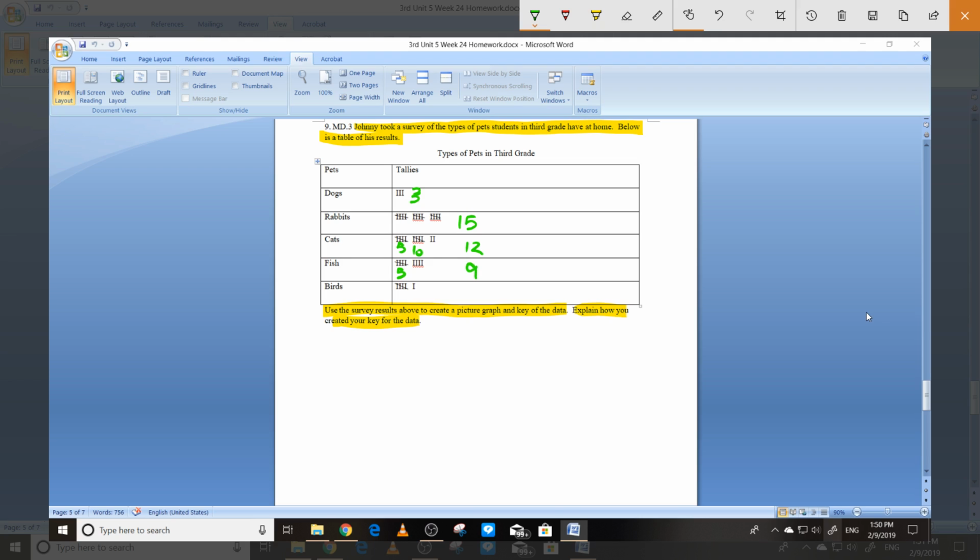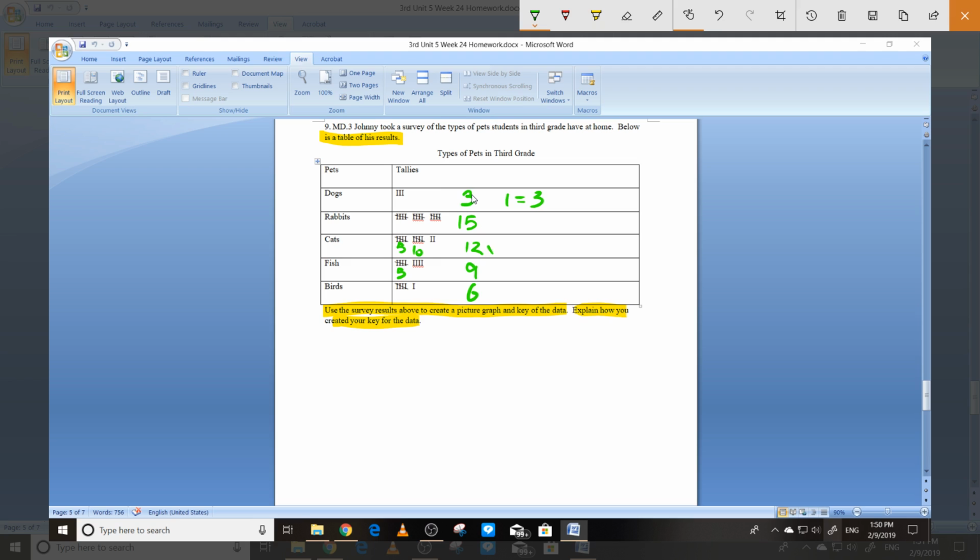And for birds, we have 5 plus 1, 6. So let's put these 3 right over here. Just by the look of it, I can already tell all these numbers are multiples of 3 because 3 times 1 gave me that, 3 times 5 gave me 15, 3 times 4.